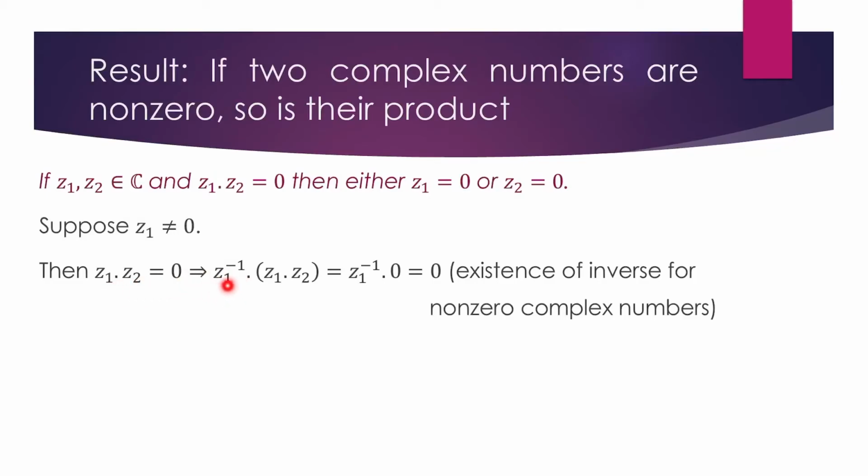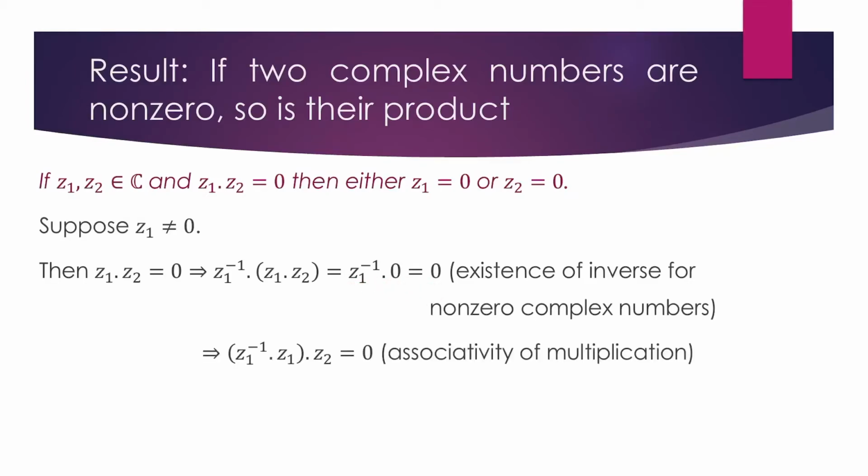So we will get Z1 inverse times Z1 times Z2 equal to Z1 inverse times 0, and this is the same as 0, because we know that if you multiply any complex number with 0, you will get 0. Now on the left hand side we will apply the associative property, so that we will get Z1 inverse times Z1 times Z2 equal to 0.